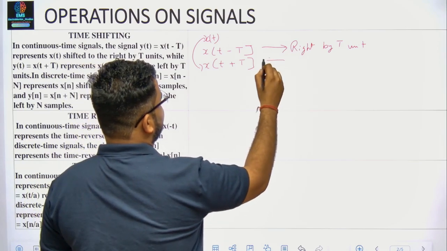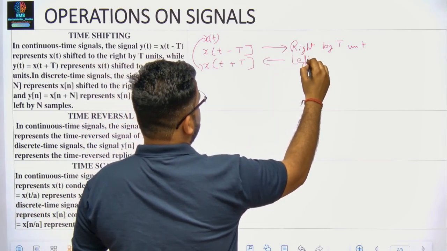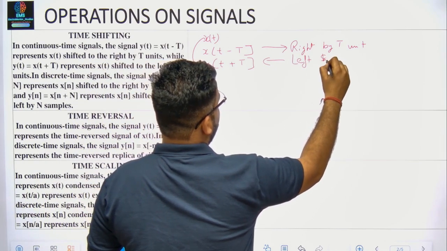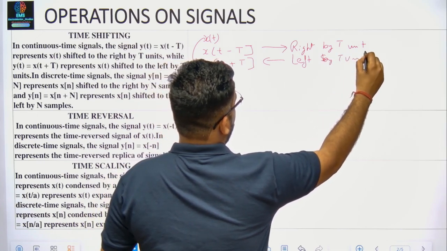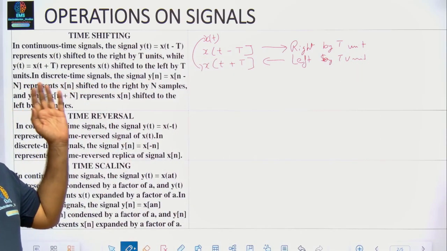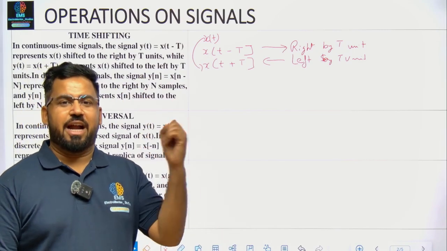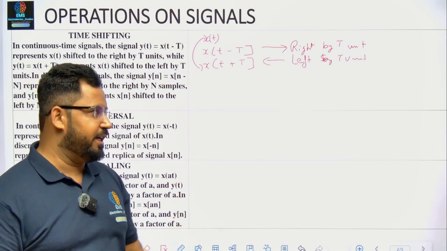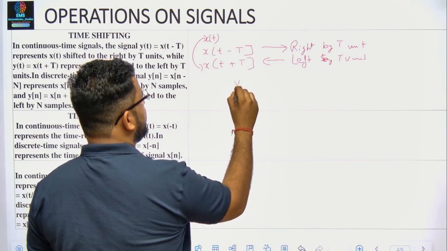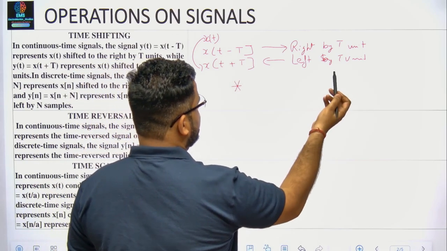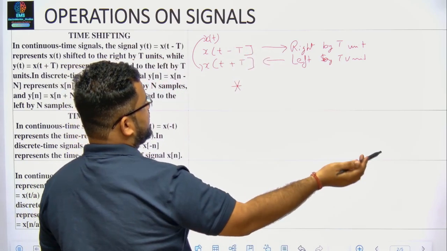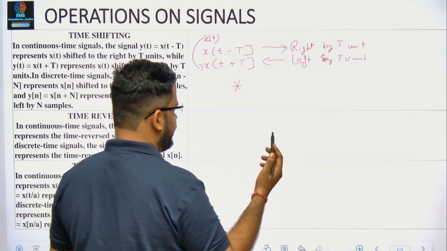This will shift my signal towards the left by t units. So this is basically shifting of a signal, advancing it or delaying it. There is a trick to it. Always remember which side it has to shift, with minus right, with plus left.